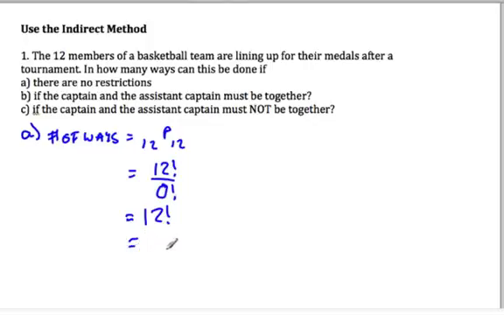And that is equal to 479,001,600 ways that you could line up the 12 members of the basketball team.